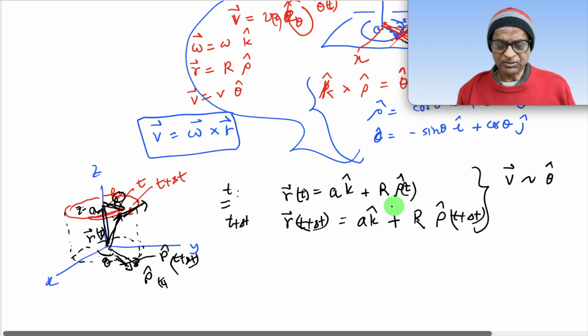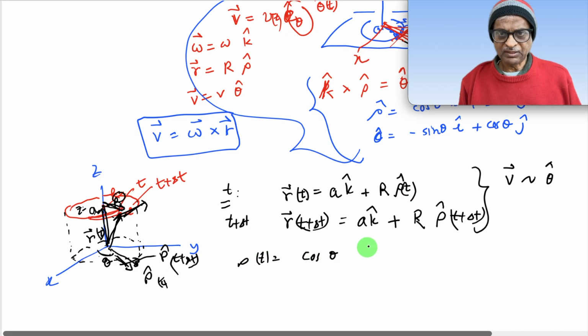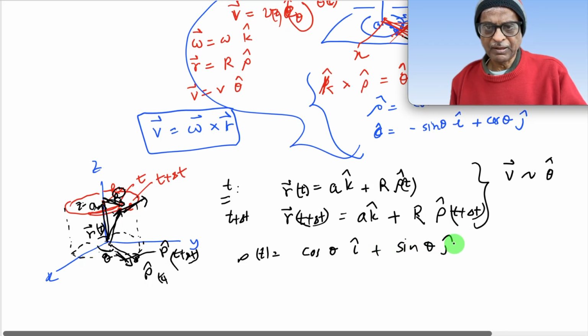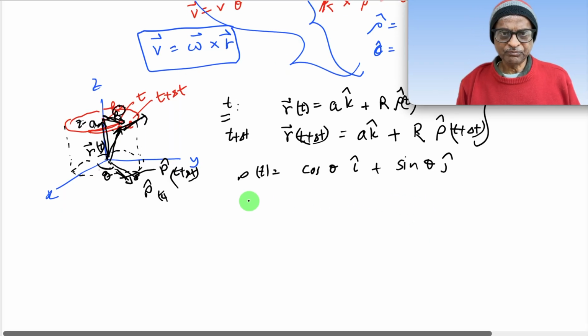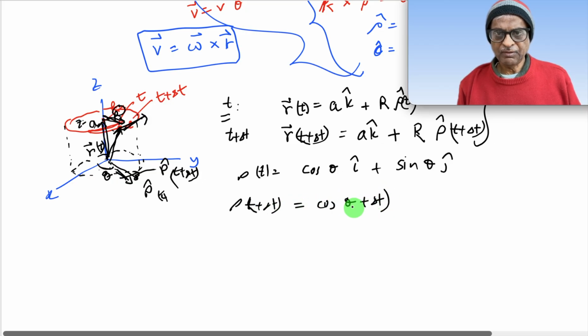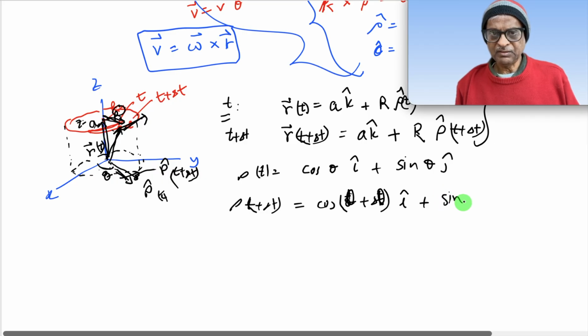So let's look at rho. Rho of t is cosine theta i hat plus sine theta j hat, and rho at t plus delta t is cosine of theta plus delta theta i hat plus sine of theta plus delta theta j hat.